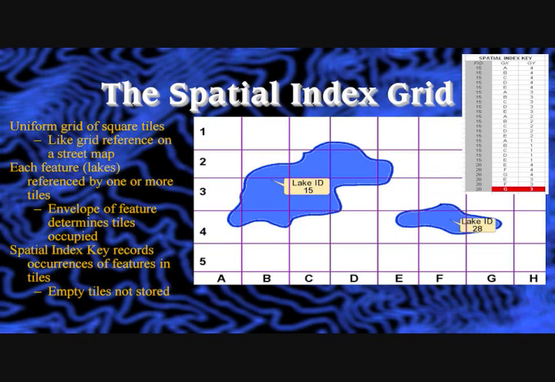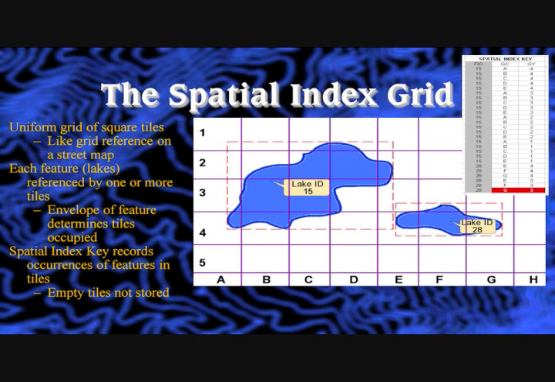What I've highlighted on this slide, though, is feature ID FID 28 is indicated to be found at G3. And if we look at the cell or the tile called G3, it's clear that Lake 28, feature ID 28, does not exist in G3.